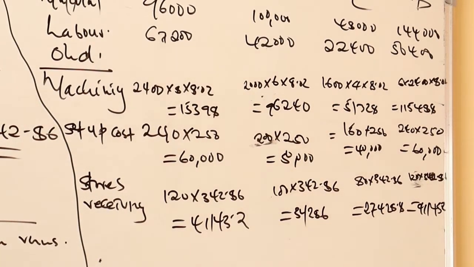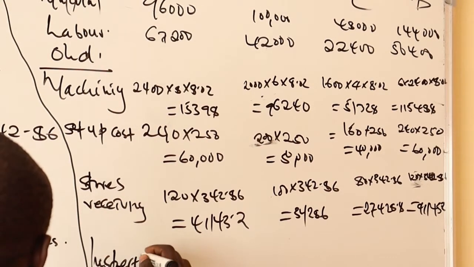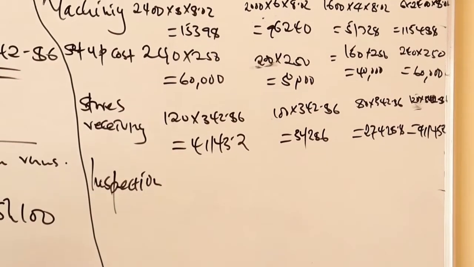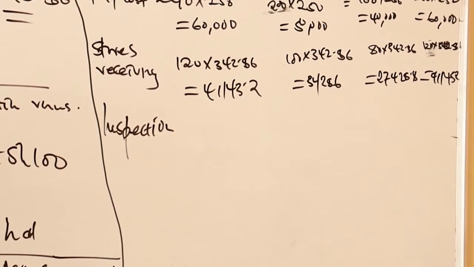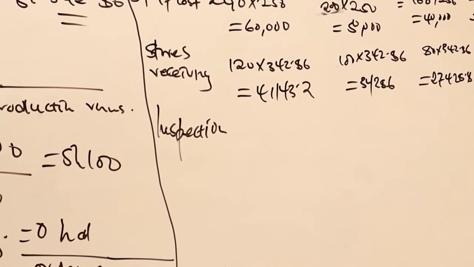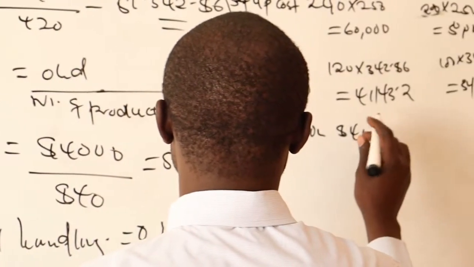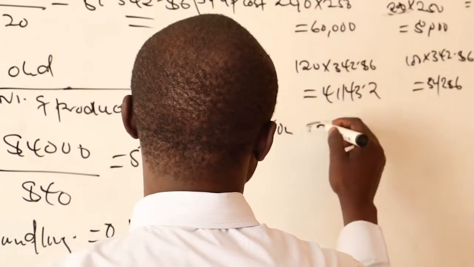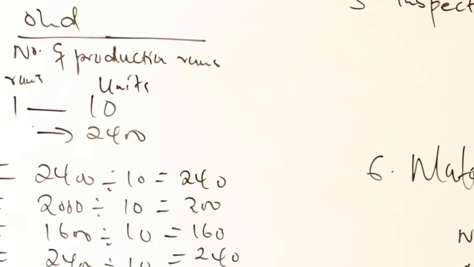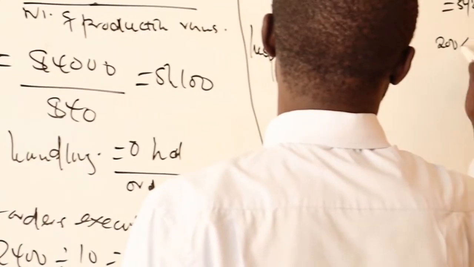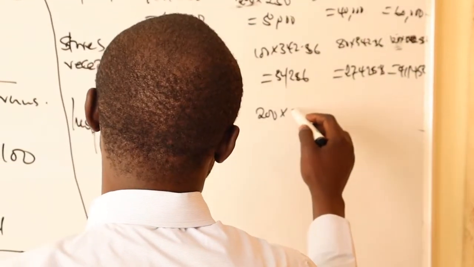The next one is inspection. Inspection is going to be based on the number of production runs. So the first one will be 240 times 100, then 200 times 100.